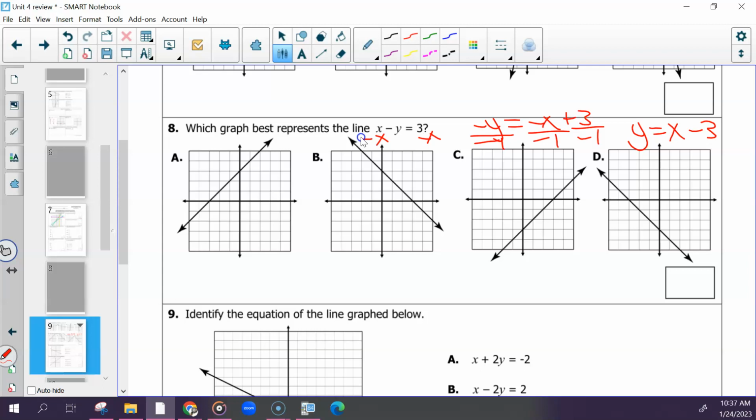C. Because the y-intercept is at negative 3. If we count the slope, it's going up 1, right 1, and then down the left 1. So C is our answer for that one.